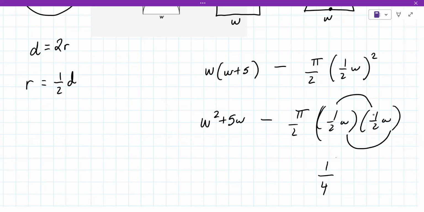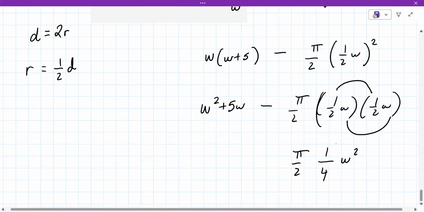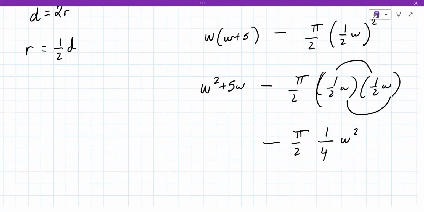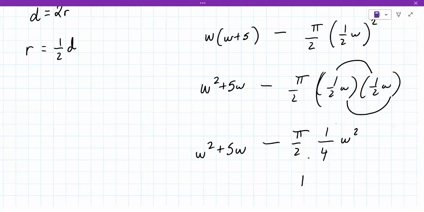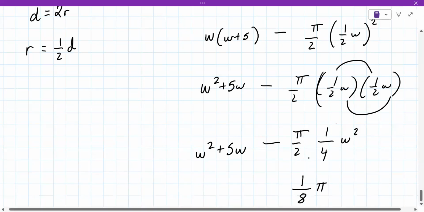W squared, good. And we have this pi over 2 out in front. Notice the multiplication still has to keep going here. So 2 over 4 on the bottom is 8. So it's 1 over 8 pi W squared, just rewriting that.